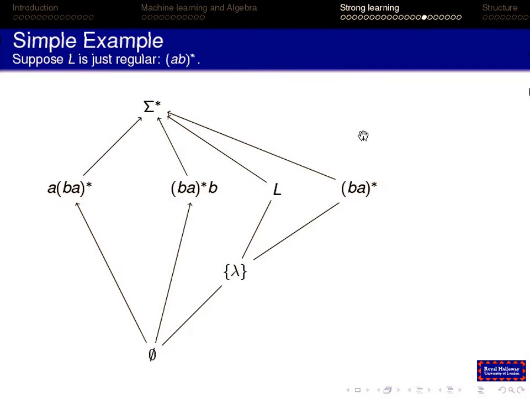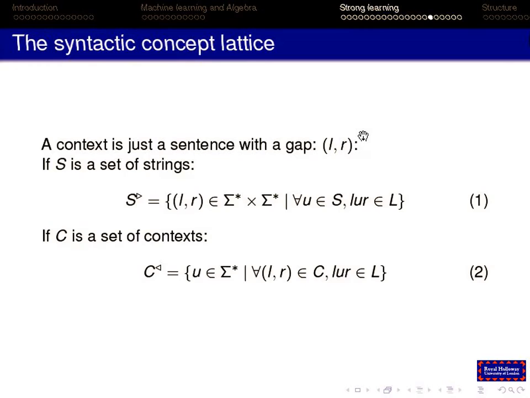So if you have any context-free grammar that generates this language, we can apply the morphism to it, map each non-terminal to one of these 7 symbols, and we will get a grammar that defines the same language but using these symbols. This is how we define the syntactic concept lattice.